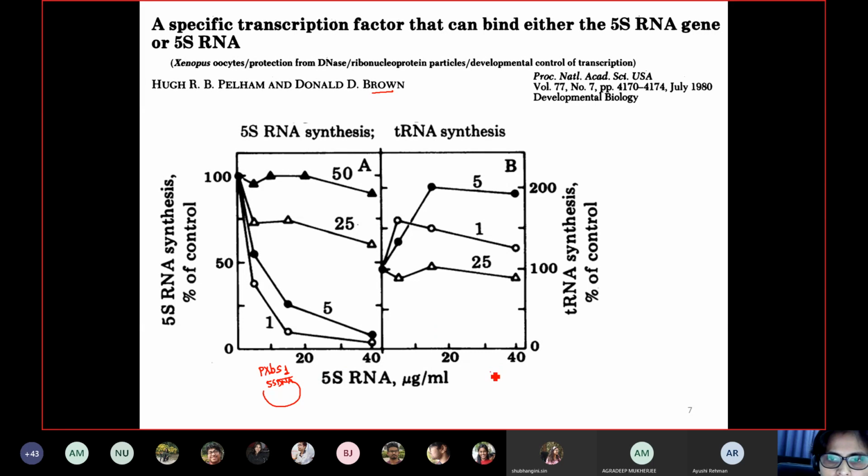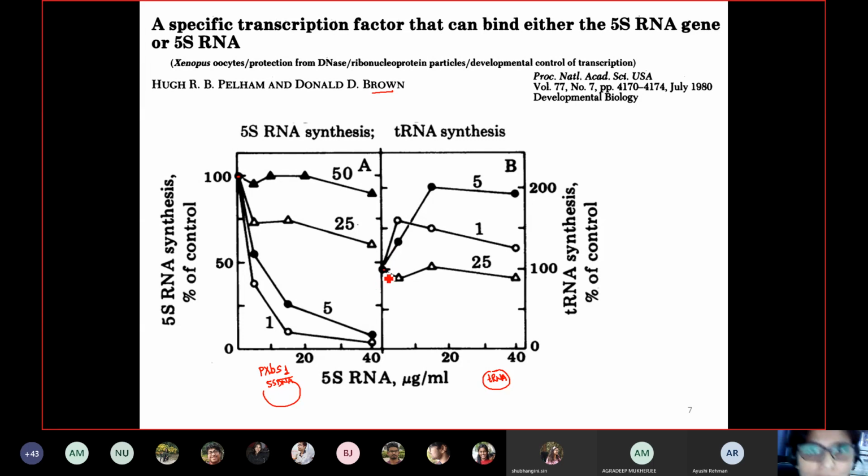Similarly, they have here a plasmid with incorporation of tRNA. When you have a similar amount of tRNA and 5S DNA, you initially see a very large amount of 5S RNA production. Here, this is around 100 and this is only around 50.